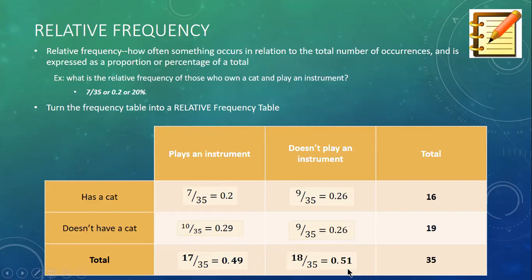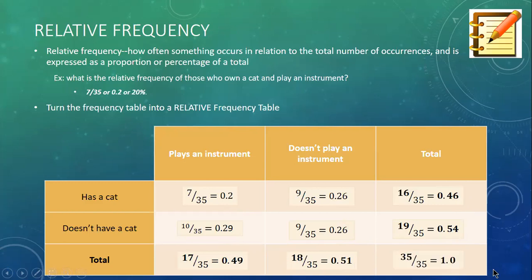So we rounded these, so it's a little bit off, 0.51, right? And then we do the totals here as well. 16 over 35, 0.46. These two add to equal that relative frequency. 19 over 35, these two add to equal that relative frequency approximately. Again, because of the rounding, it's a little off.